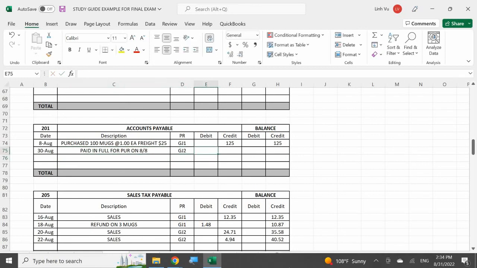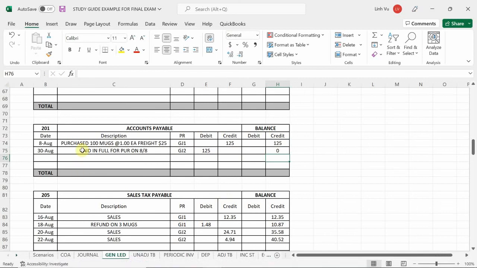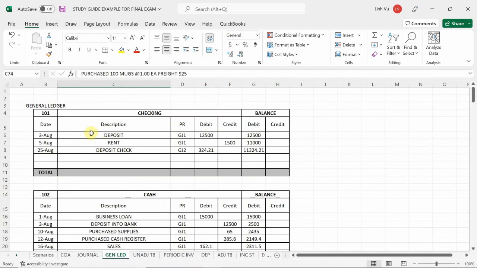General Journal page 2. We're paying, so we're going to decrease my account by 125. So my account balance should now be 0. And we paid with our check, so it's going to come out of my checking account. I'll put purchase of mugs.